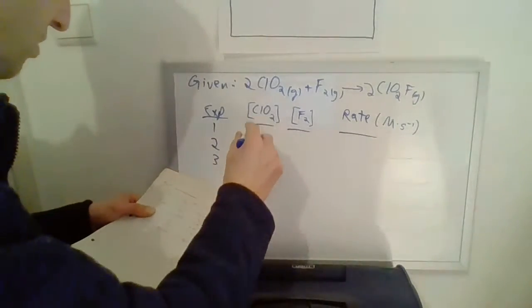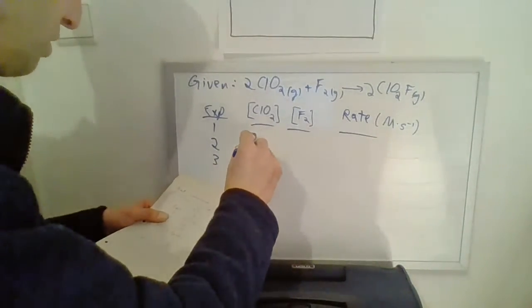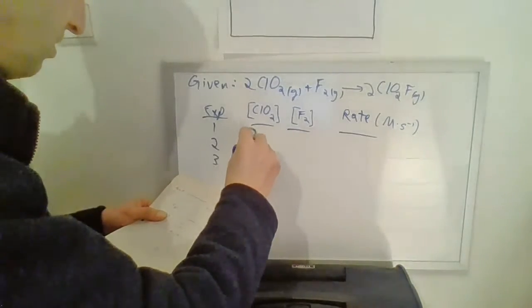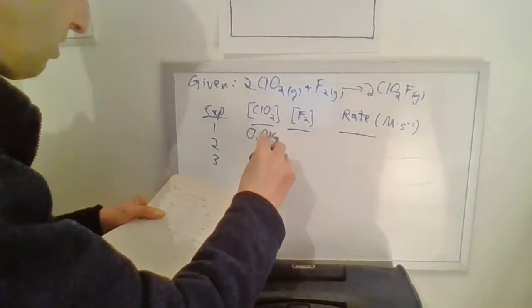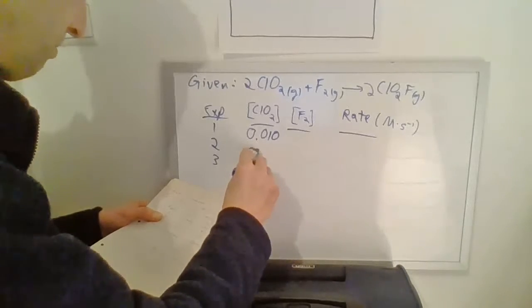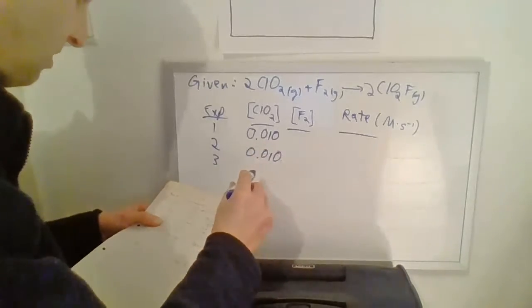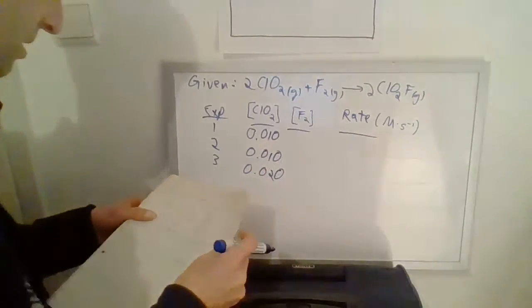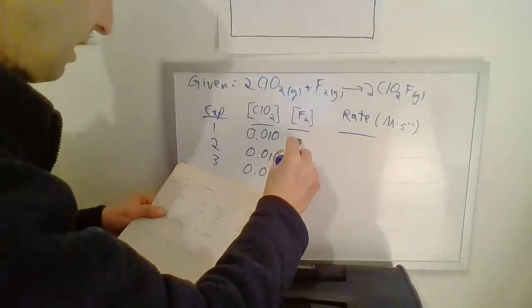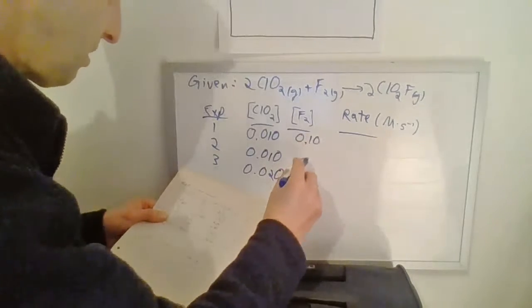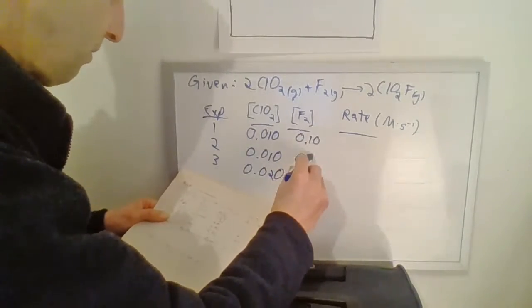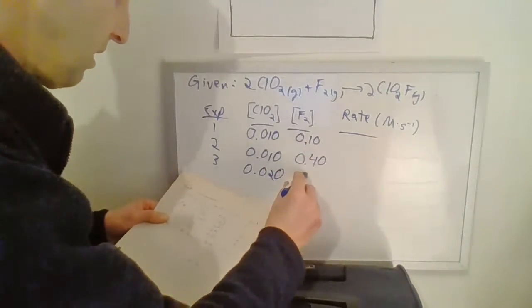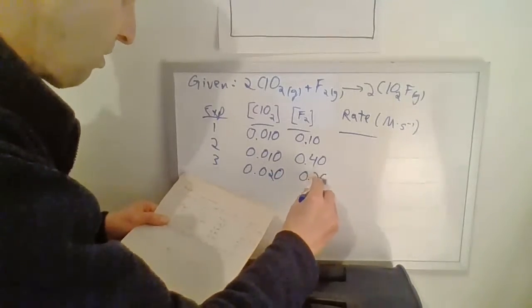Okay, so these are concentrations, so we're going to have all these in moles per liter, so I'm going to say 0.010, 0.010, 0.020. And here, this one, I got 0.10, 0.40, and 0.20.